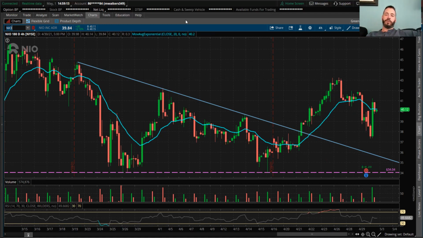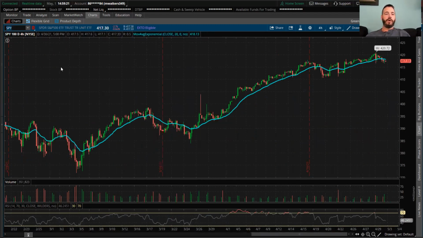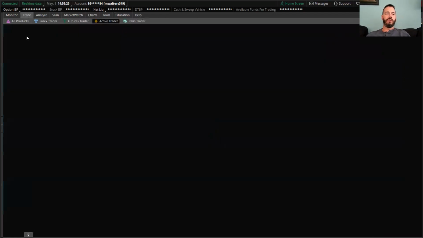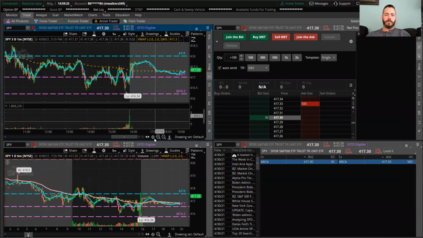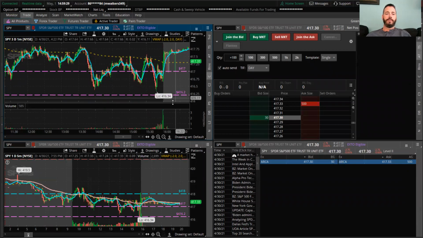So if you know you have support coming up where you could get a bounce, there you go. I'll just pull this up here. I don't know if this will show the day. So this was Friday. You had a very clear level of support here, 46.37.